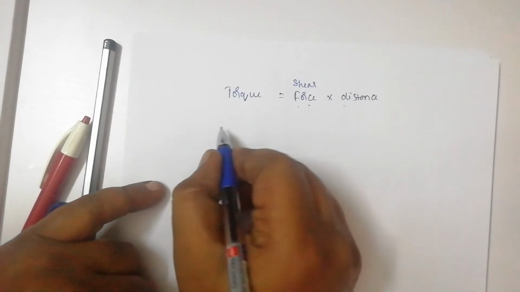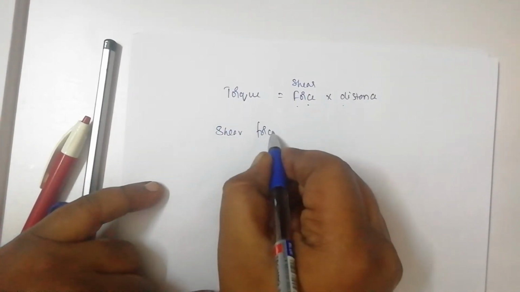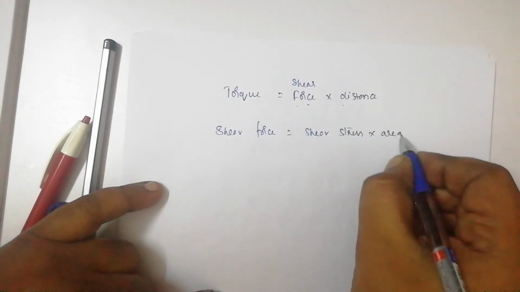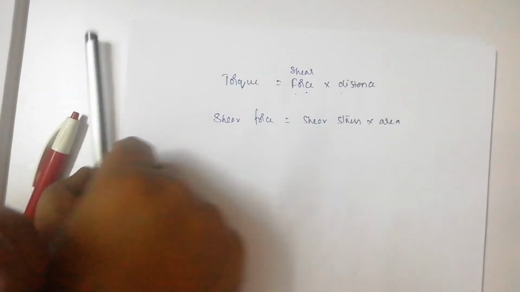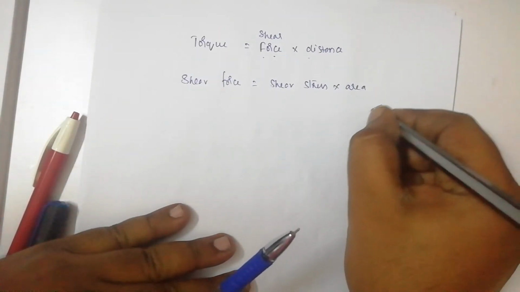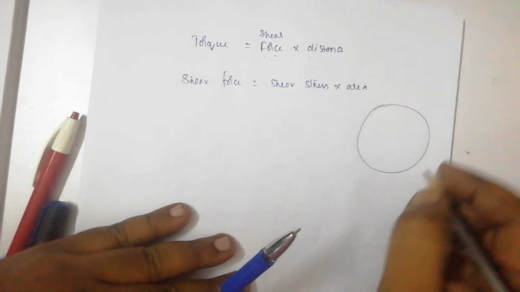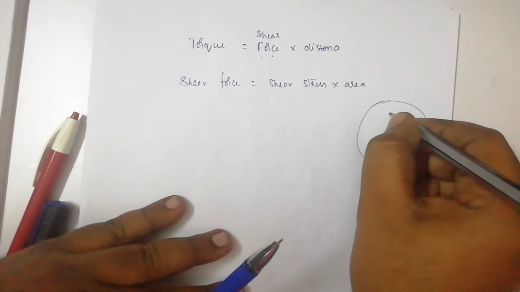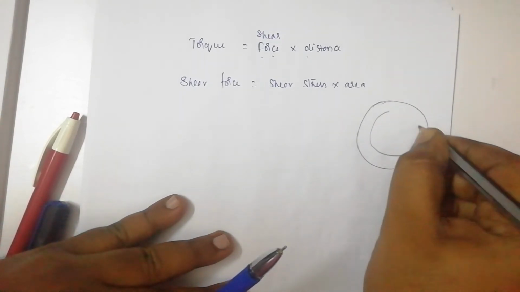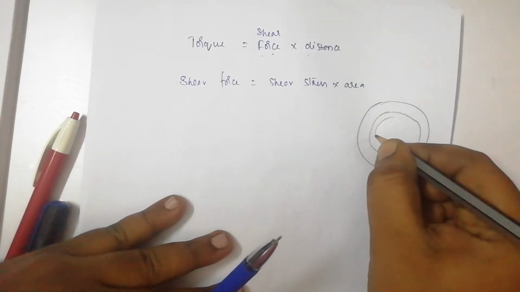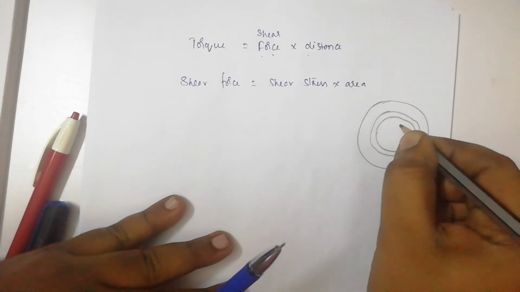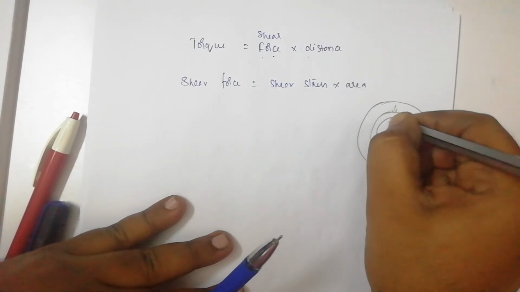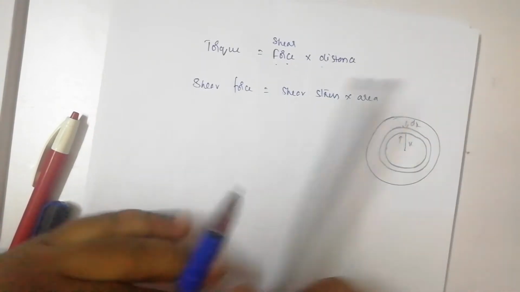So, what is the shear force? Shear force is equal to shear stress into area. Which area do we have to take? For simplicity, this is your circular part on which your shear stress is coming, the cross sectional part of your cylindrical shaft. I am considering a small element on which the shear stress will be acting. This is from the center, let it be at a distance of x, and let its thickness be dx.